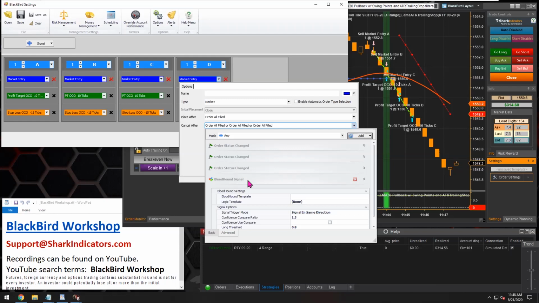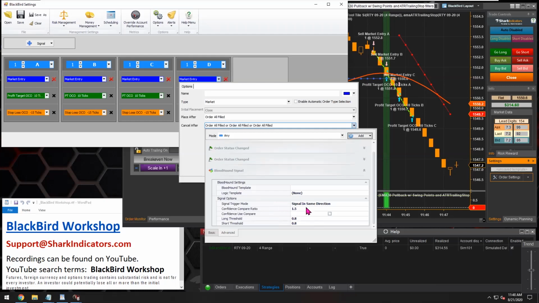So you could have Bloodhound look for a trend change condition and generate a signal that says, hey, this condition has occurred. And then you could use the Bloodhound signal to cancel pending orders as well.